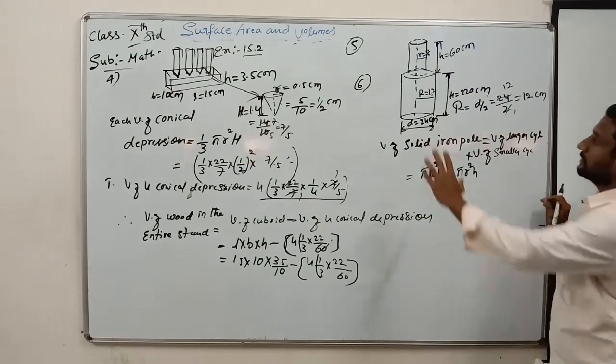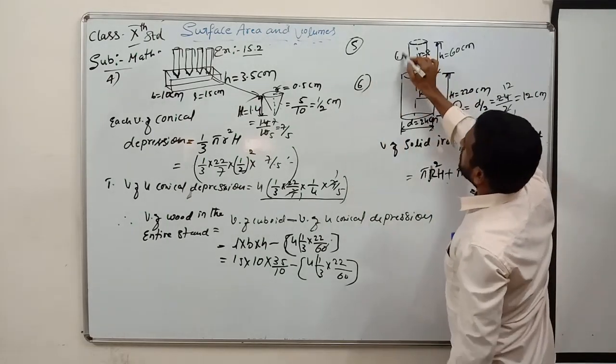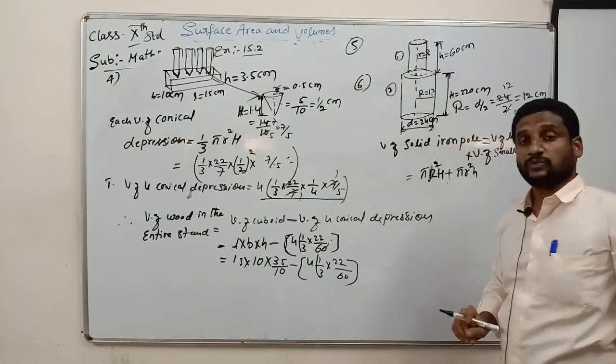If you add the volume of the larger cylinder plus the volume of the smaller cylinder, you get the total volume of the solid iron pole.